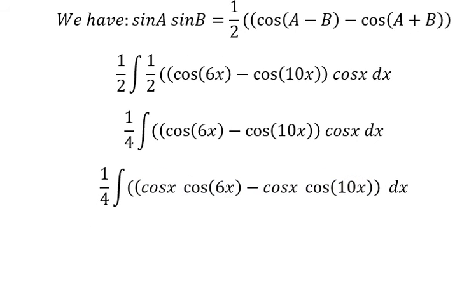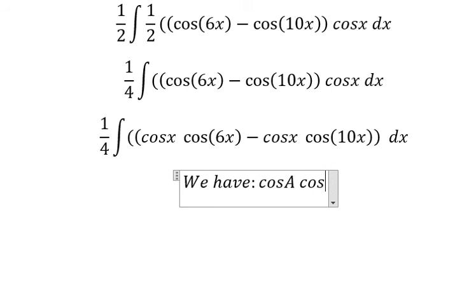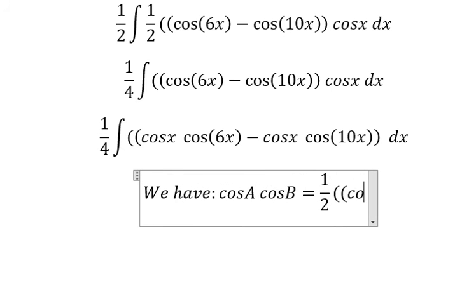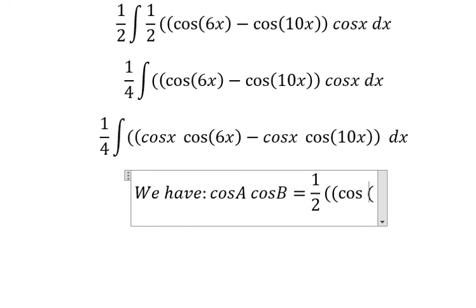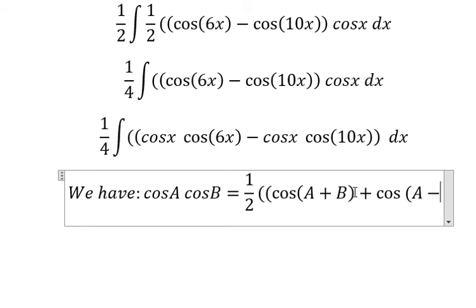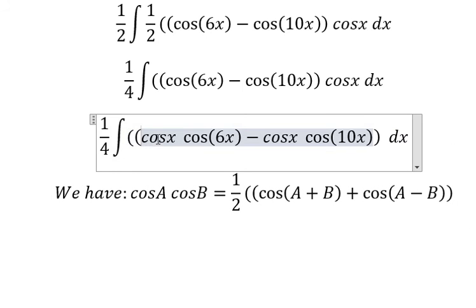Now, we have the last formula in here. We have cos A cos B equal to 1 over 2, cos of A plus B plus cos of A minus B. Now we can apply the formula for this one and this one.